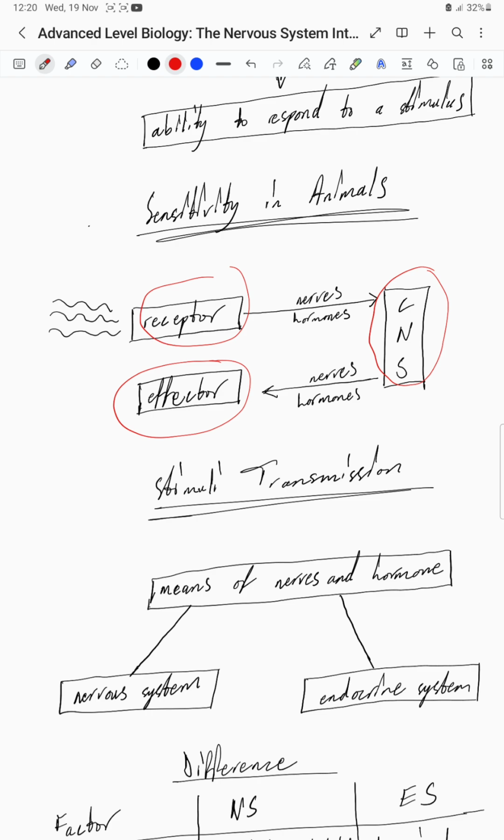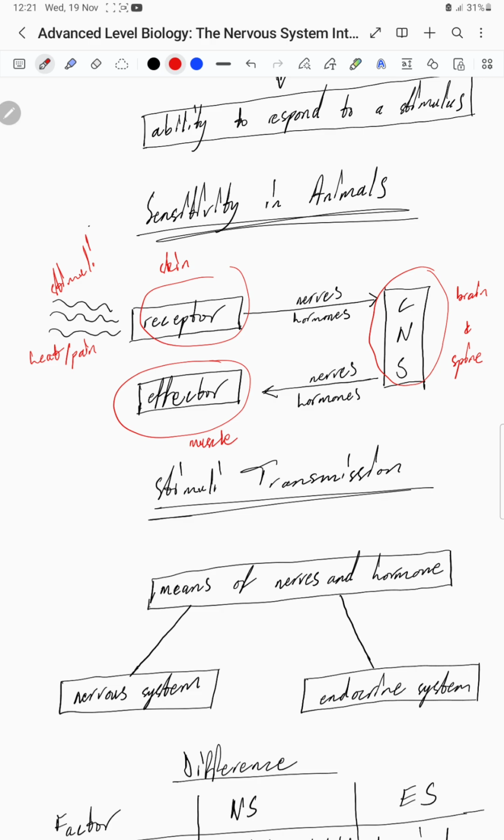An example of a receptor can be the skin, and then the central nervous system, this is the brain and the spine, and then the effector can be a muscle, and then here we have stimuli which can be, let's say, heat or pain.